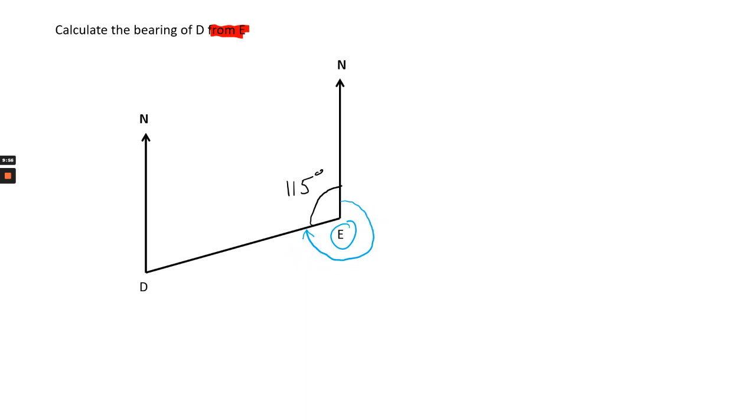Hopefully straight away we should see that to get that angle around the outside, I need to do 360 minus 115 degrees, and that's angles around a point. 360 minus 115 is 245 degrees.